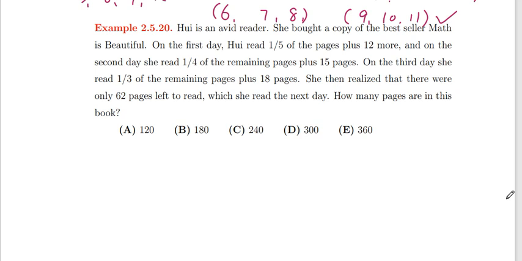Okay. So for this problem, this case, there is an avid reader. So she bought a copy of the bestseller book. So on the first day, she read 1/5 of the pages plus 12 more.